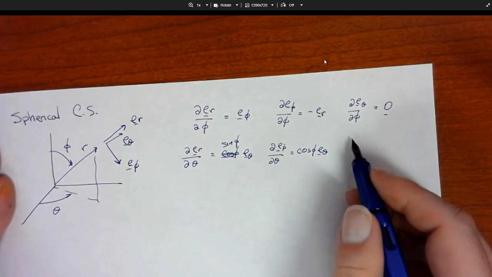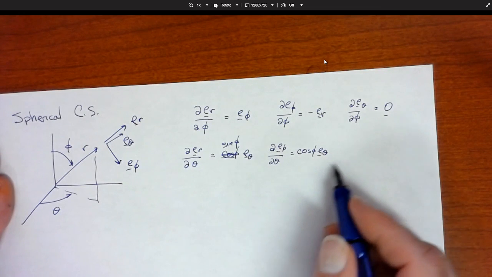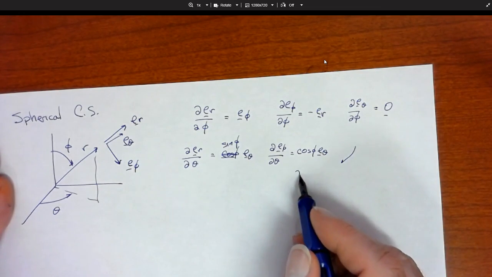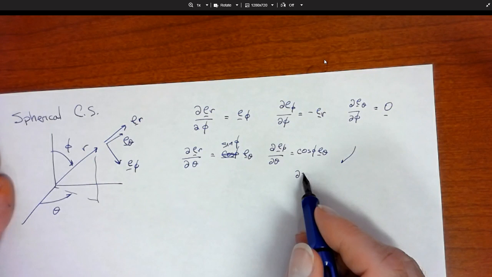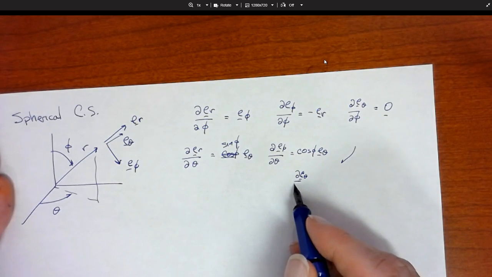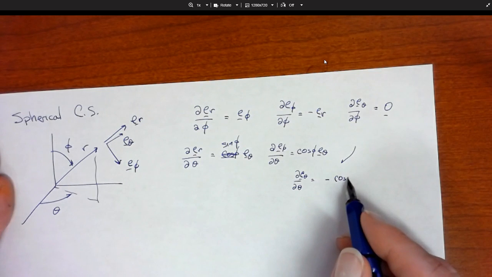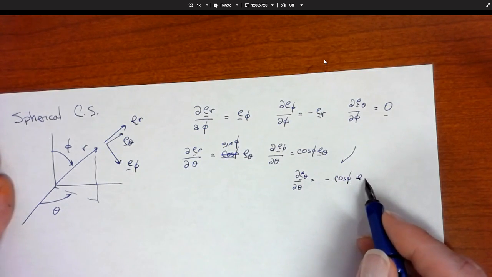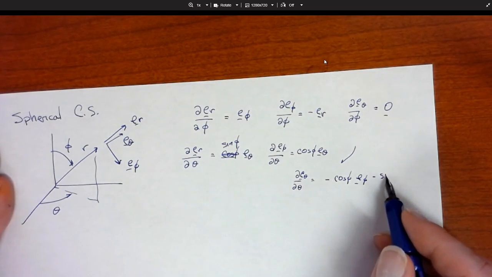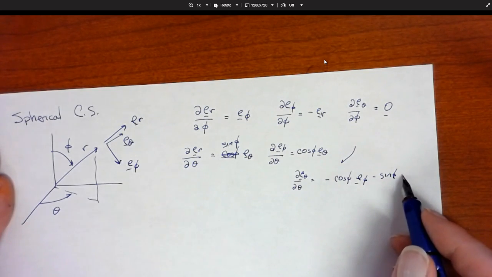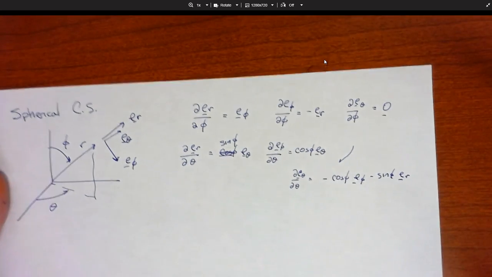And then finally, I need a little room for this one, so I'm going to put it down here. Partial of E theta, when we change theta, is minus cosine phi in the E phi direction minus sine of phi in the E r direction.